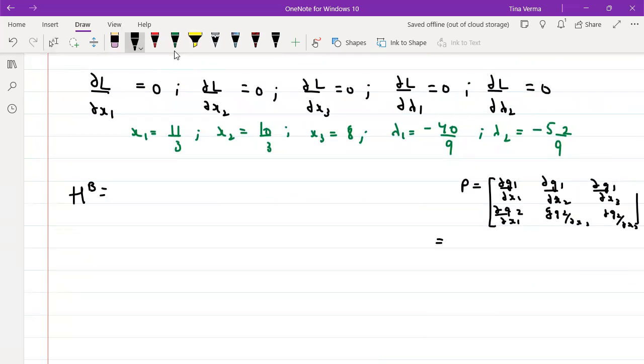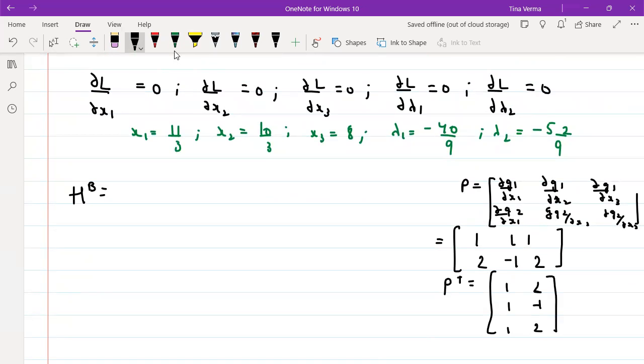So the answer is 1, 1, 1, 2, minus 1, 2. The P transpose is just the transpose of this matrix: 1, 2, 1, minus 1, 1, 2.